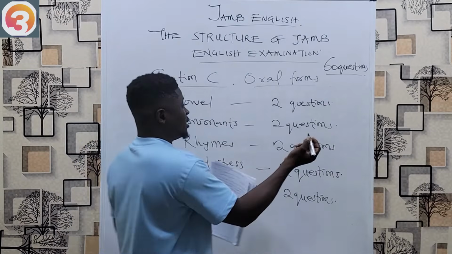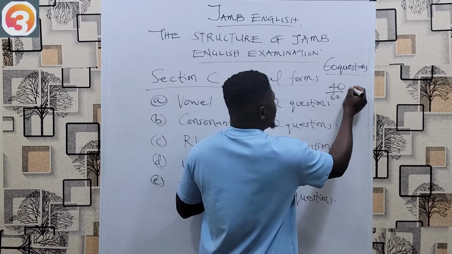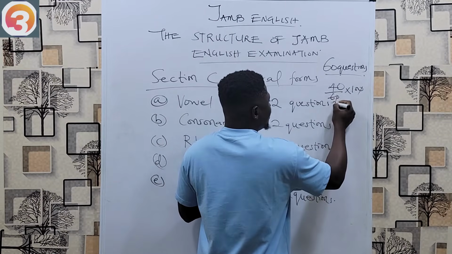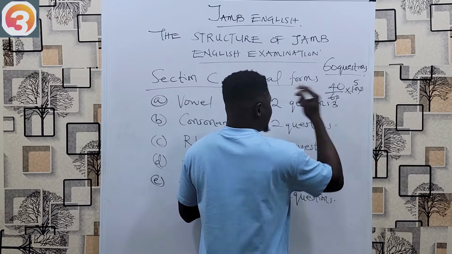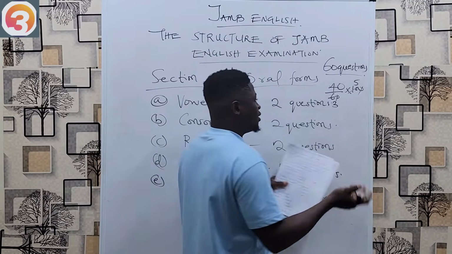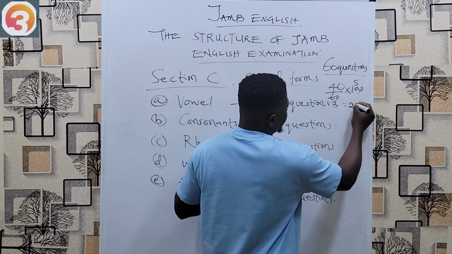So if you score 40 out of the 60, it's 40 over 60 times 100, isn't it? Zero cancels zero, right? 2 here, 3, 2 here was 5. When I do mathematics, I don't want to press a calculator. That's why I'm doing this. So this is actually 200 over 3.